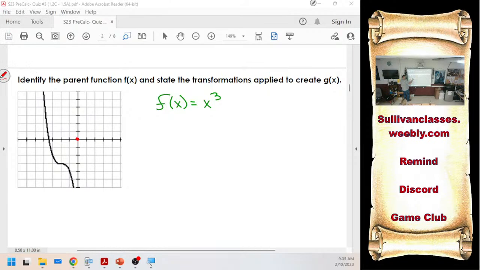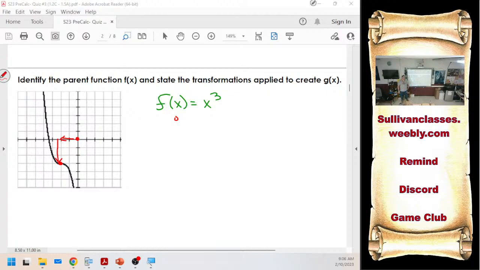Well, normally a cubic starts here. I went and moved, translation, to get my point of inflection over here. So I would say, use your big kid words. Don't you dare say left 2, down 3.